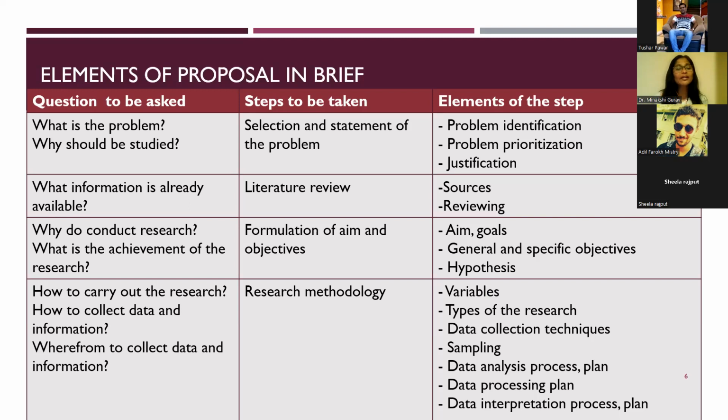So what are the questions to be asked, and where and how are you going to answer them while writing the research proposal? The first question is, what is the problem? Why should it be studied? For this, selection and statement of the problem is your first step.